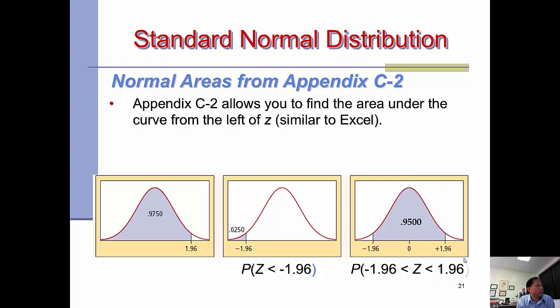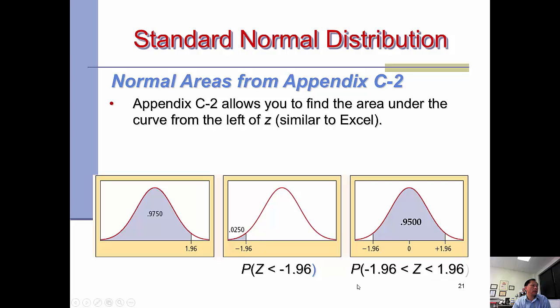There's also Appendix C2 in the back of your book. Appendix C2 allows you to find the area under the curve to the left of Z, instead of from 0 to the Z point. Here, for 1.96, that is 0.9750. If Z is minus 1.96, table C2 will give you this little area here, 0.025, right?